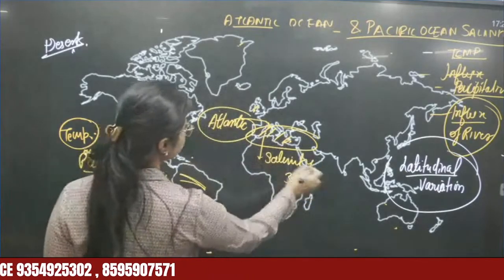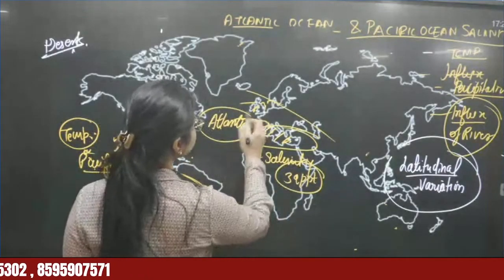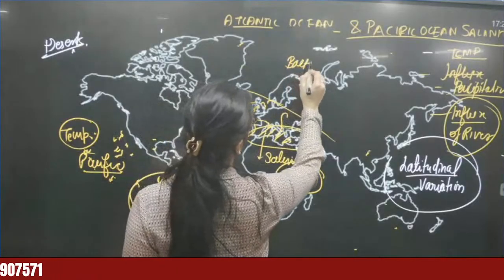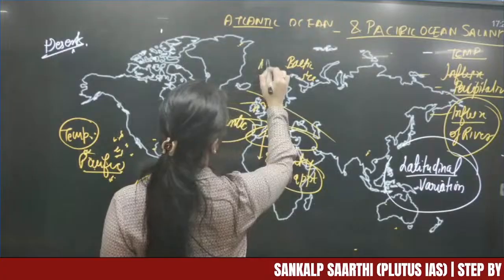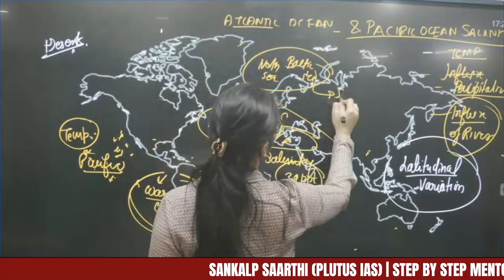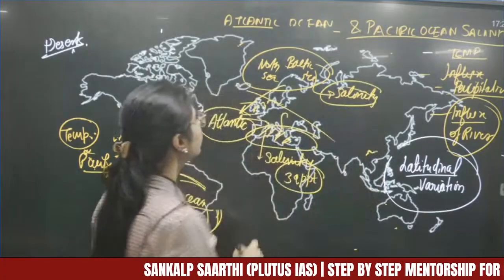And there is less inflow of discharge of water. In the same case, I am taking the Baltic Sea and the North Sea. All of them are having very low salinity values. Why? Both are parts of the Atlantic Ocean.